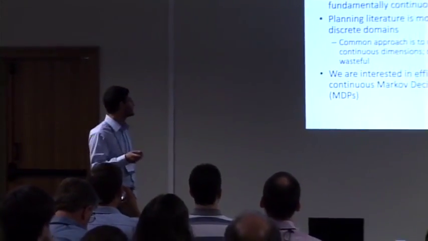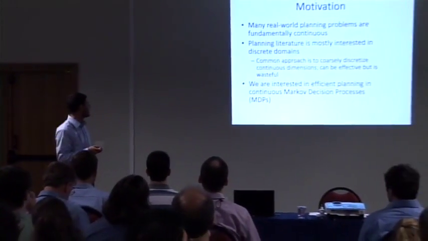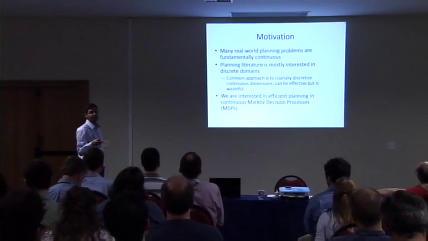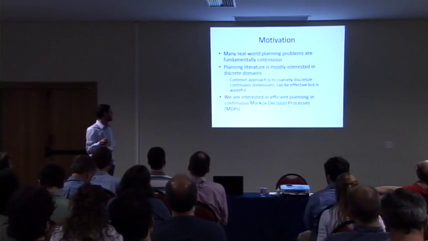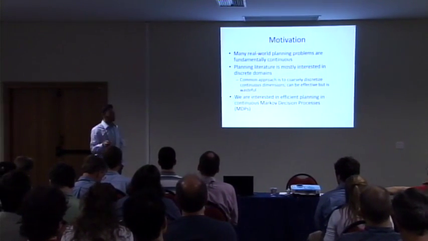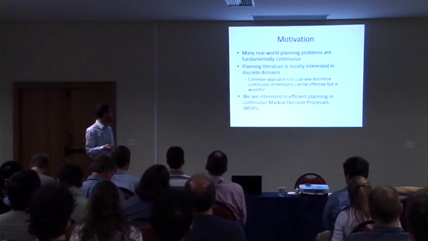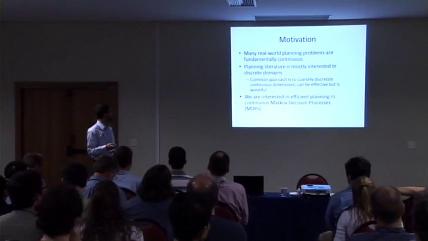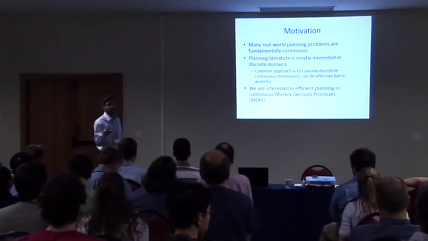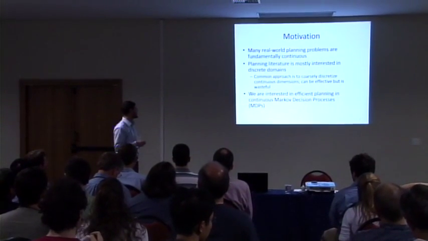In terms of motivation, there are a lot of planning problems, as we just heard, that are fundamentally continuous, often when we're controlling robots or doing a lot of other tasks. There are continuous actions and states that we have to deal with. On the other hand, a lot of the planning literature is concerned with domains that have discrete properties. When this happens, a common approach is to discretize the continuous dimensions and then plan in that discretized domain.